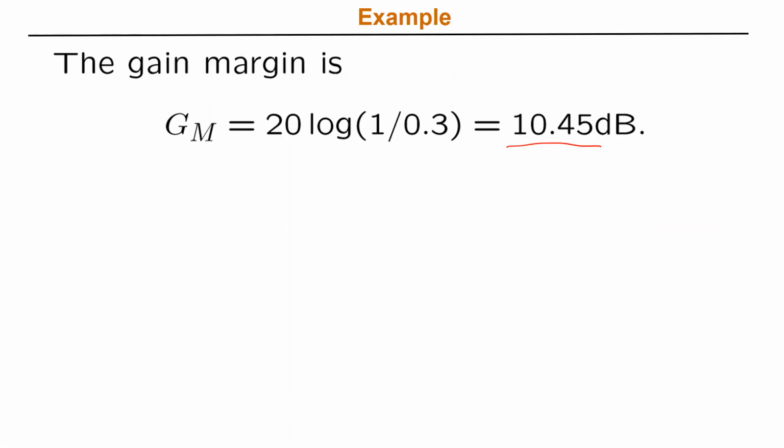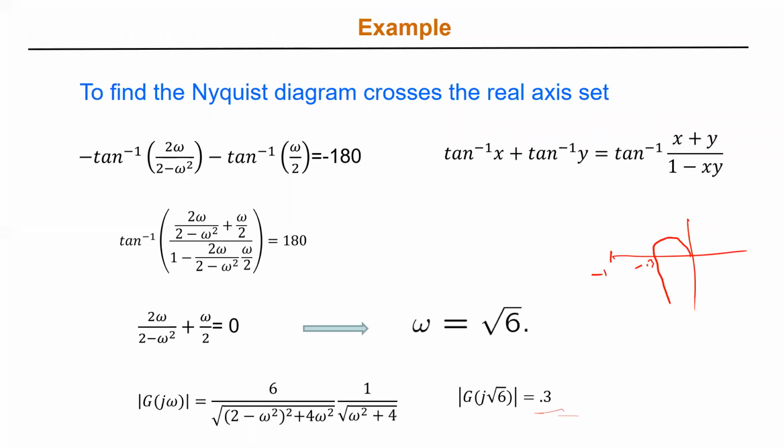Now, let me find the phase margin. How do we find the phase margin? As we have stated, we find the omega crossover for the gain. This is the gain, and it should be equal to 1 to get the gain crossover frequency.